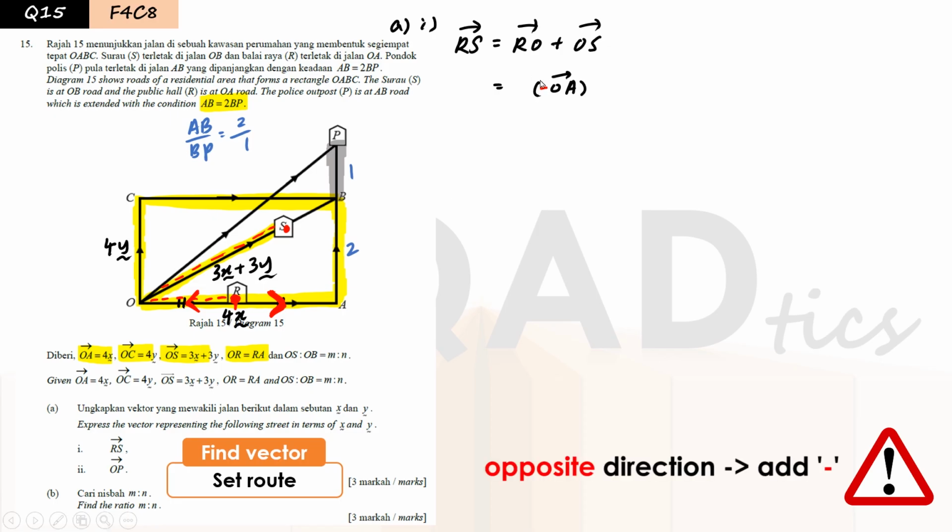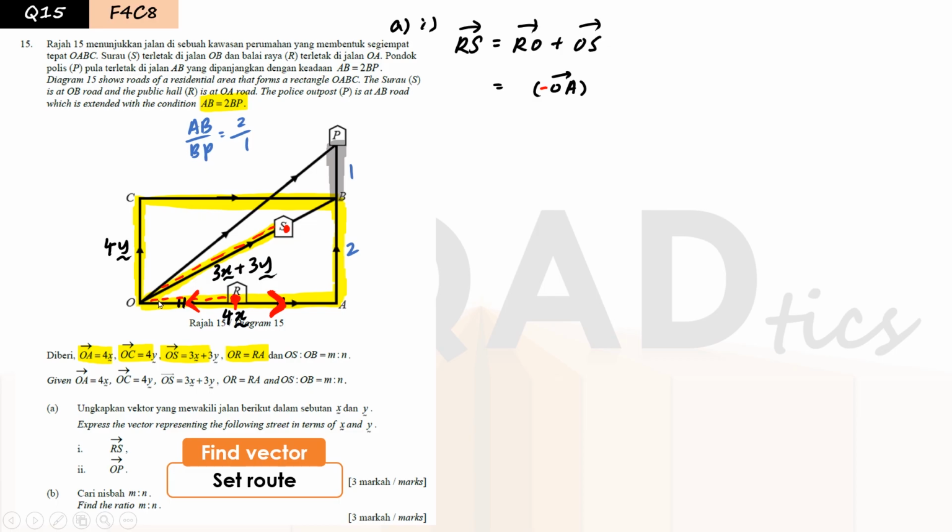Negative represents opposite direction, because R to O is going to the left, O to A, which is the 4x, is going to the right side. So we need to put negative OA, opposite direction of OA. And also, RO is actually half of the line OA, so here we need to multiply half, or divide 2.